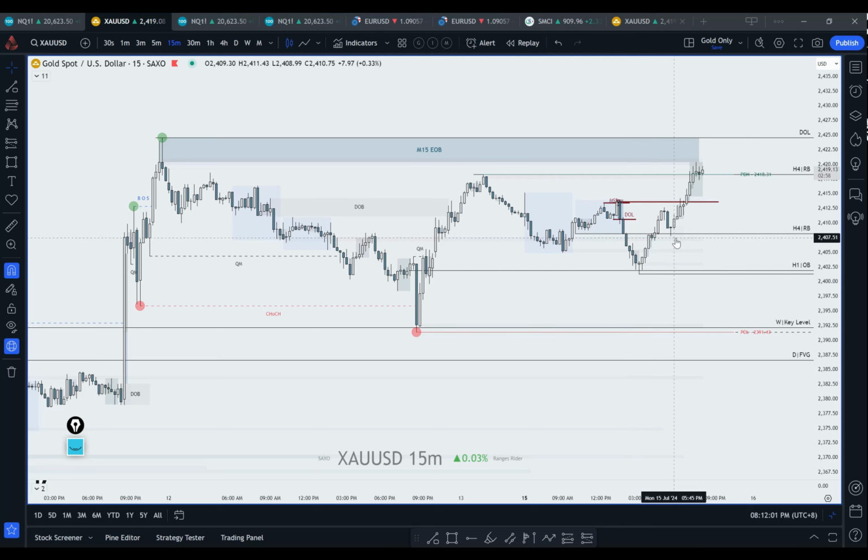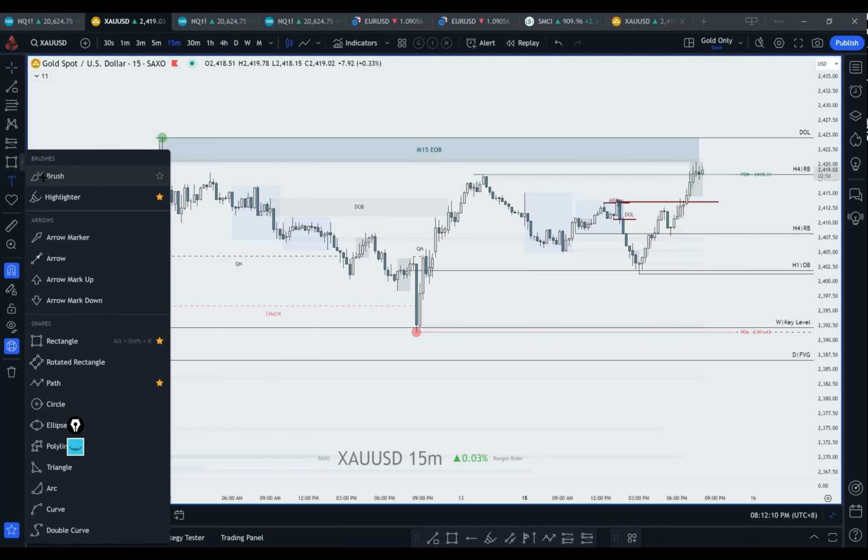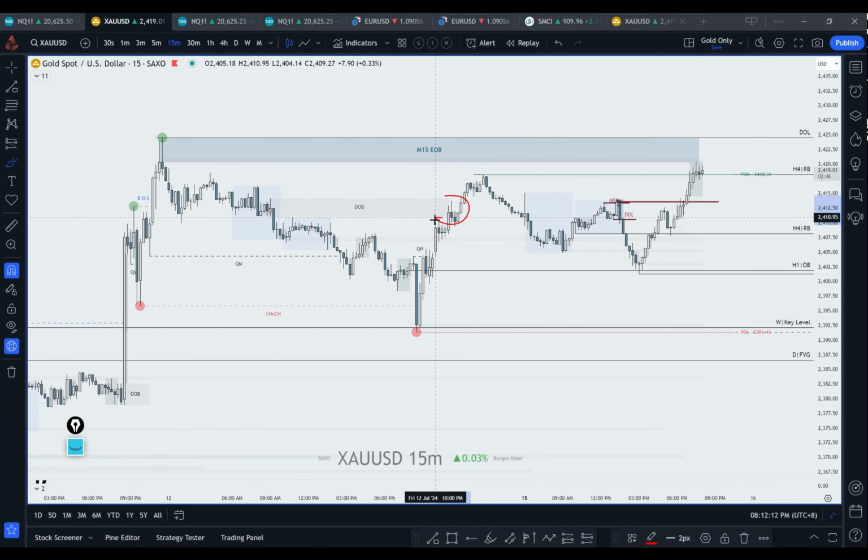You can play here, here, here, everywhere, but try not to play long into these zones. Of course, if you are looking for short, you can look for short in this zone, but don't try to play long here. Why?